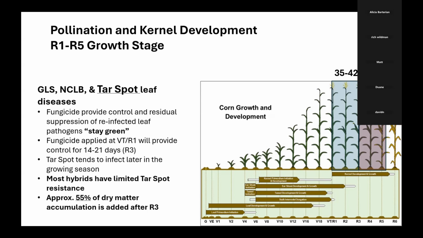And that's a real problem because of tar spot. With gray leaf spot and northern leaf blight, we've got some genetic resistance built into most of the varieties you're planting. And if we make that one fungicide application, we can usually get by without having to do it again. Sometimes, but not always, tar spot may come in later.